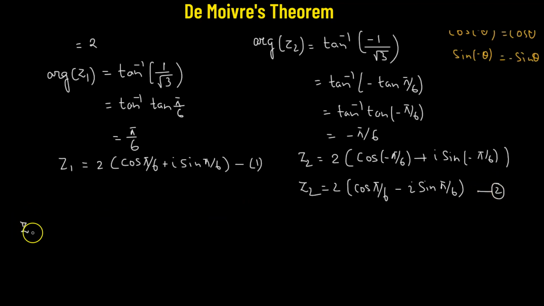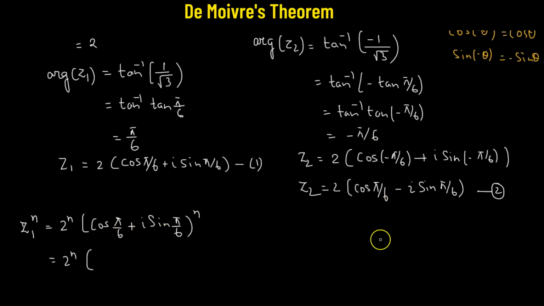Now we'll take our complex number z1 and raise it to the power of n, which means we have 2 raised to the power of n multiplied by cosine of pi over 6 plus iota times sine of pi over 6, whole raised to the power of n. Now here we are going to use de Moivre's theorem.